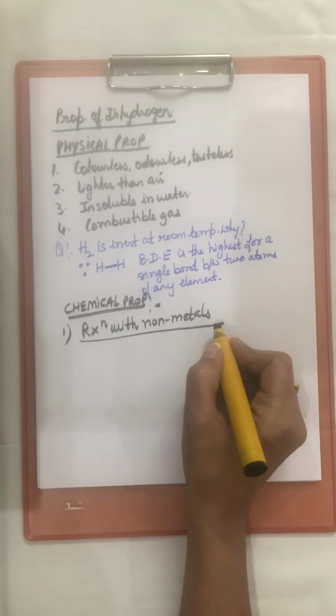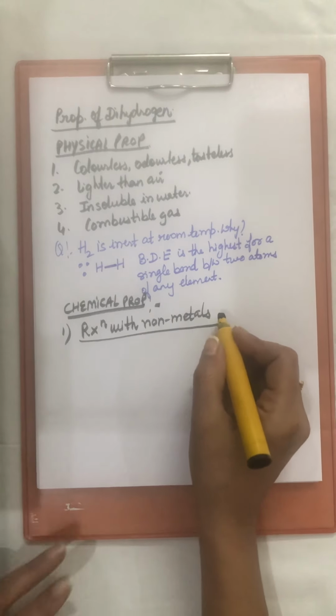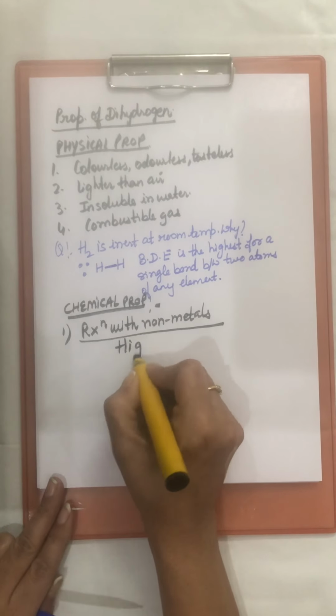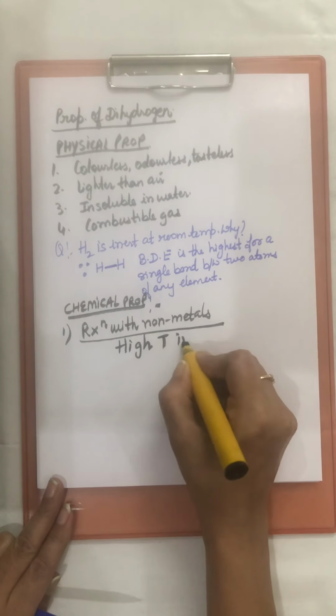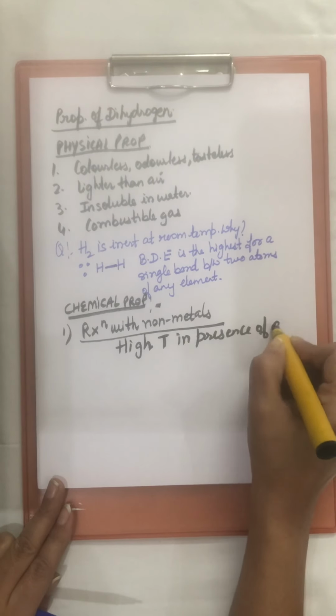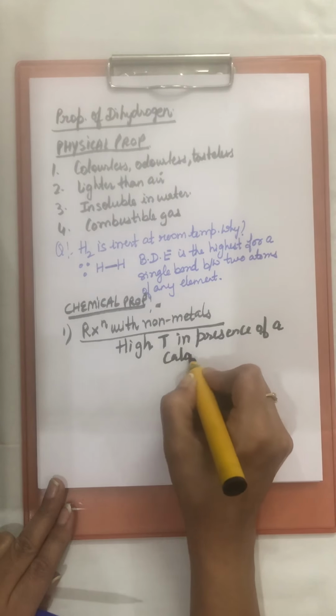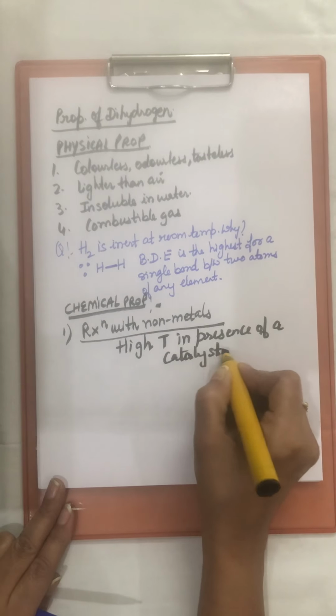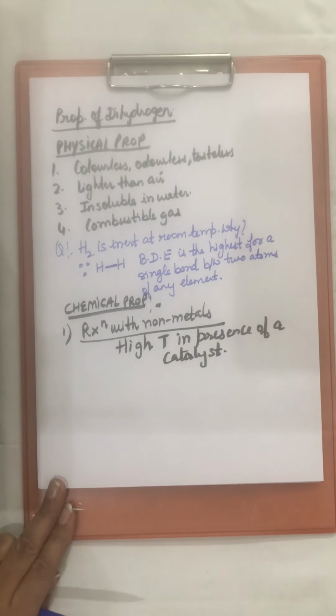Hydrogen combines with many non-metals, but at a high temperature in presence of a catalyst. Because its reactivity is less, that is why it reacts at high temperature in presence of a catalyst.